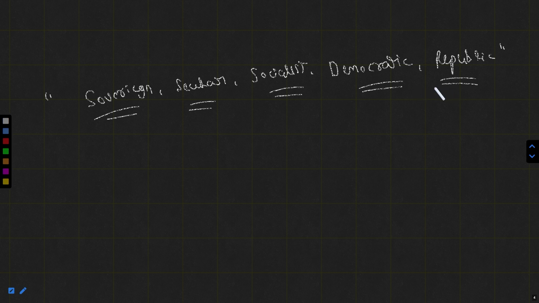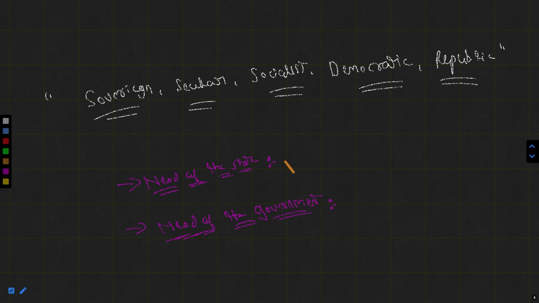Republic, it means whosoever will be the head of the state. Remember, there are two positions: head of the state and head of the government. All right.